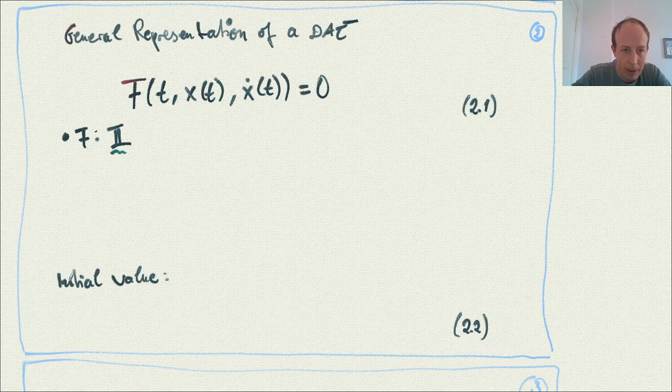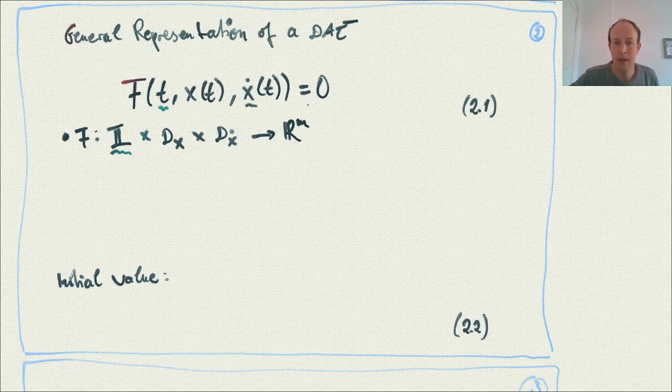The t comes from this time interval, then it takes the solution, so to say, at time t, so it maps from the domain where the solution lives in, and also from the domain where the time derivative of the potential solution lives in, and maps this into the R to the m. Here we have this equation, we set this equal to 0, so what the f delivers will be set to 0 in R to the m.